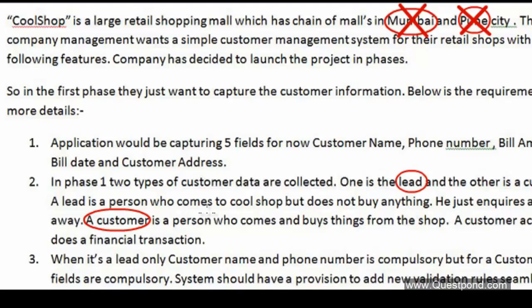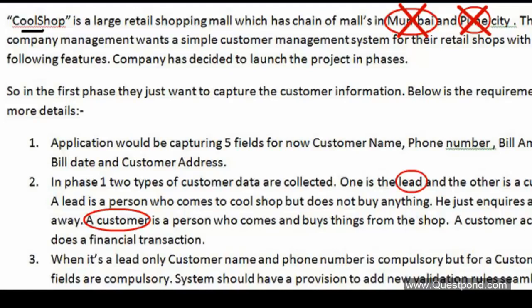Now remember that this approach has to be taken very wisely. You can come up with a lot of unconcerned nouns, which have nothing to do with your software. For example, I can see that there are nouns like the Cool Shop or Mumbai and Pune, but they really don't have direct impact on my project.